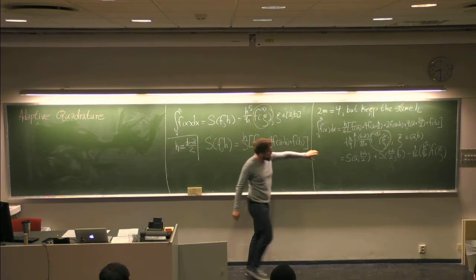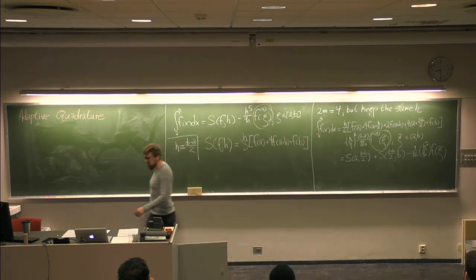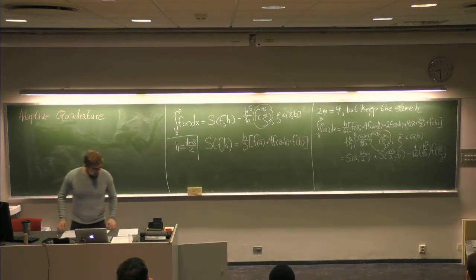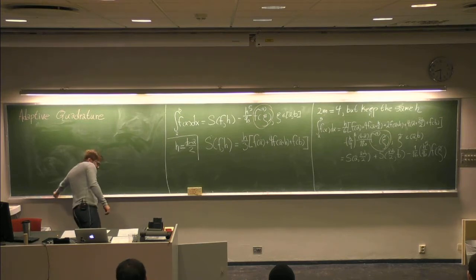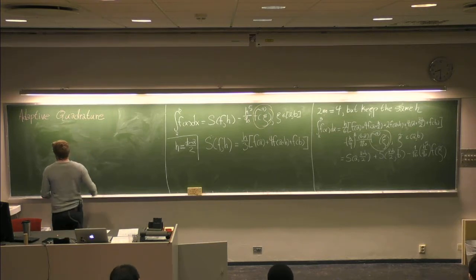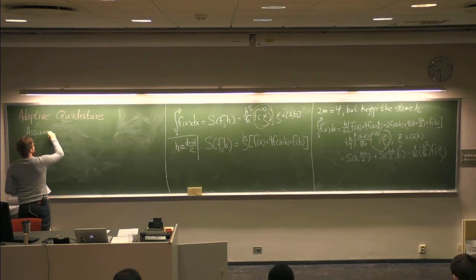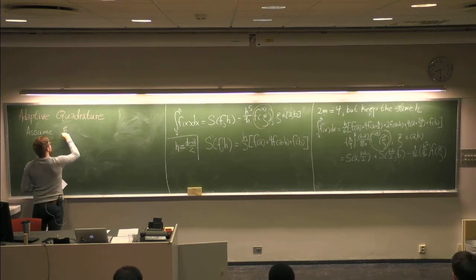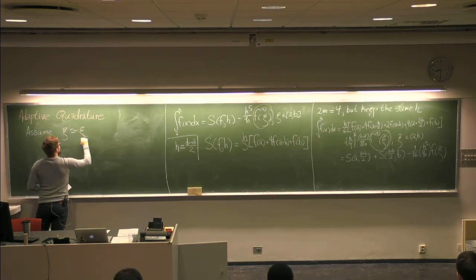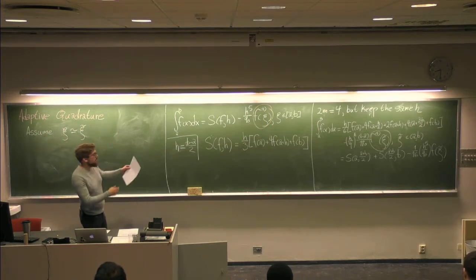The only differing factor is this 1 over 16, which we get from altering the step length. So in order to get any further here, we have to assume that this xi and xi tilde are approximately the same. So this means that we can actually compare these error terms.